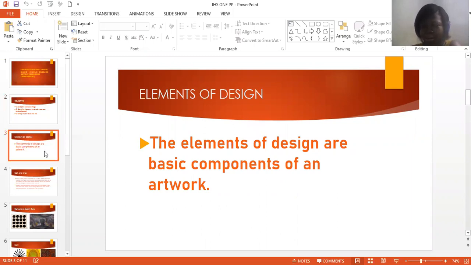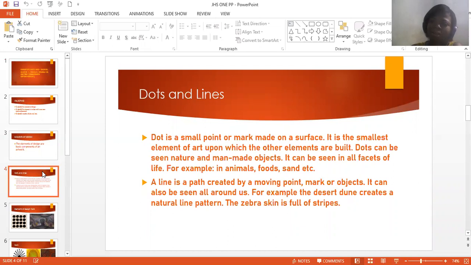They are the basic components of an artwork, simply put. Then dots and lines. A dot is a small point or mark made on a surface. It is the smallest element of art upon which the other elements are built.